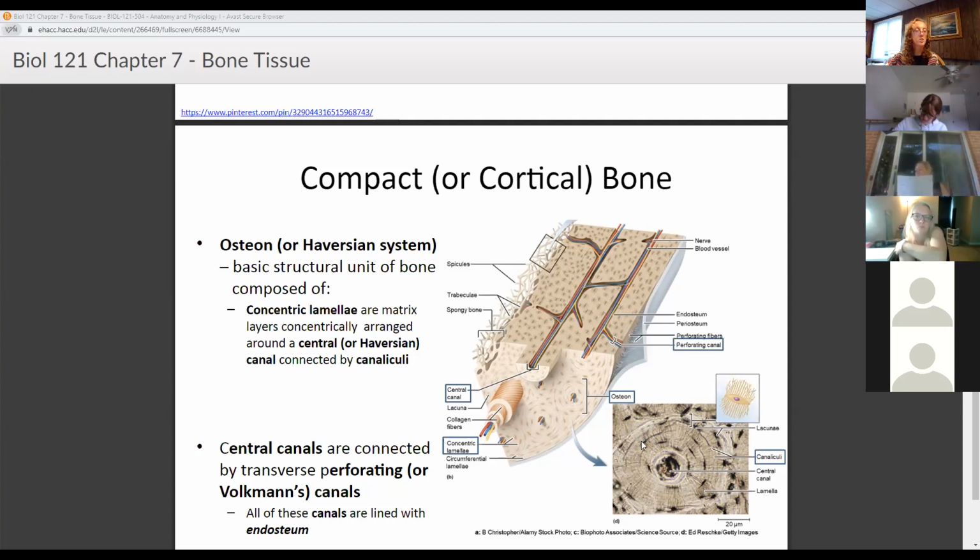So we can also say that the concentric lamellae that contain the osteocytes are connected by the caniculi too. Caniculi is a connection, allowing for the blood vessels and nerves to supply osteocytes that may be fairly far away.